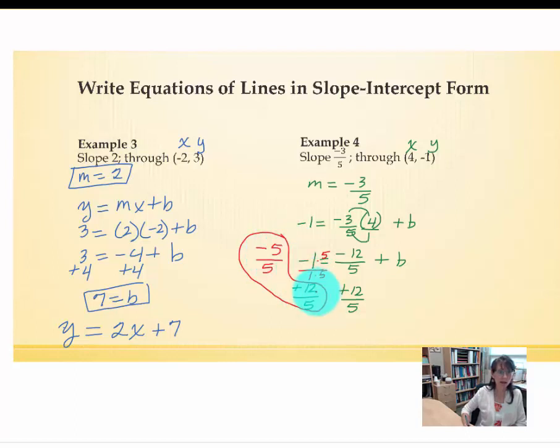-5/5 + 12/5. And that's going to give us +7/5 for the y-intercept. So now we're ready to write our equation. y equals slope of -3/5 x, and then include the y-intercept, plus 7/5.